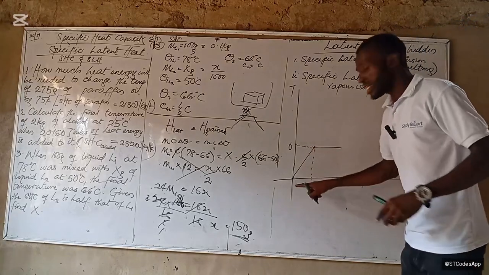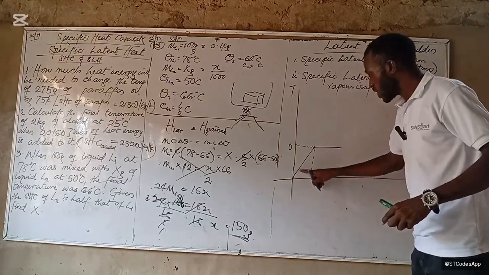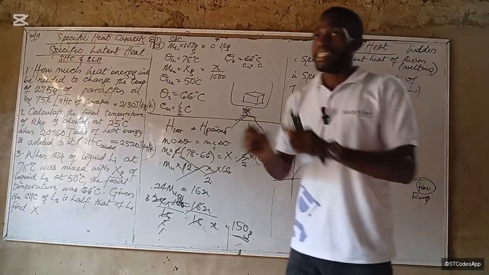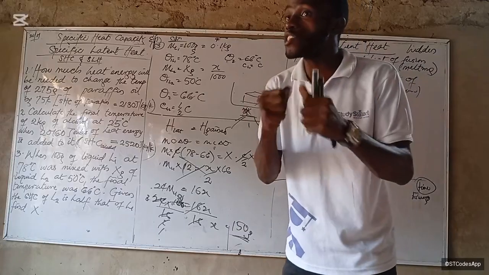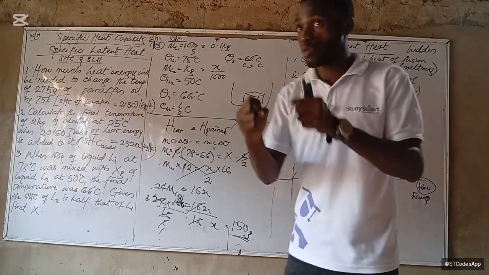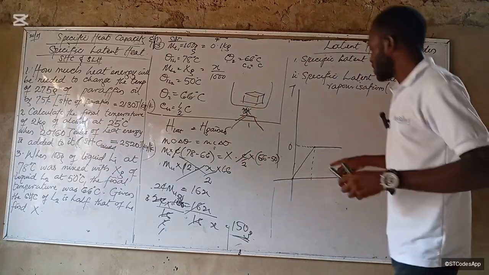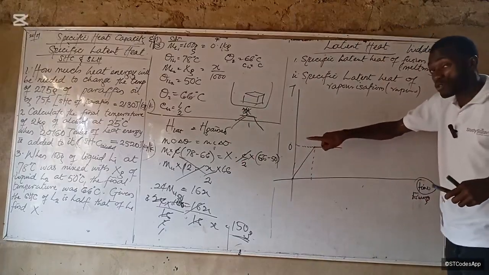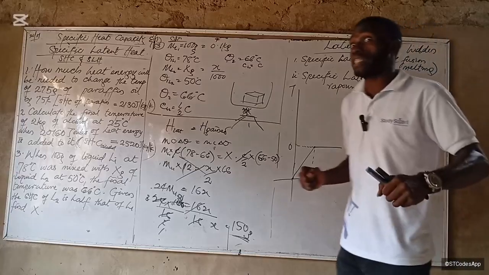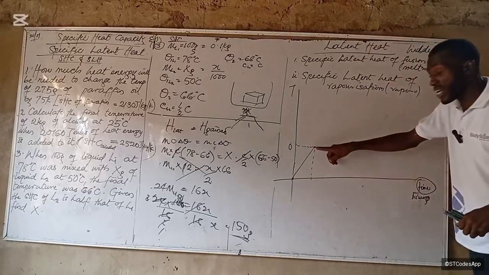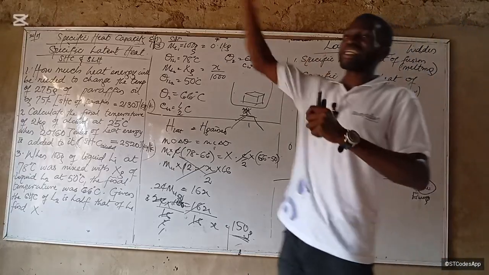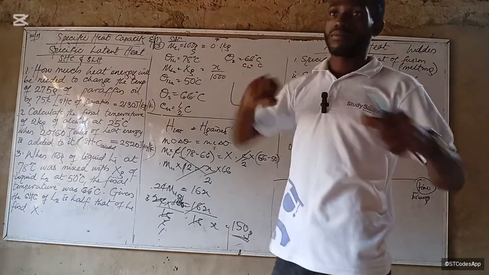Now, when this amount of heat got into it, it increased the kinetic energy of the molecules of water. By the time it got to 0 degrees Celsius, everybody has become energized to 0 degrees Celsius. The more energy you now supply is used to break the bonds.